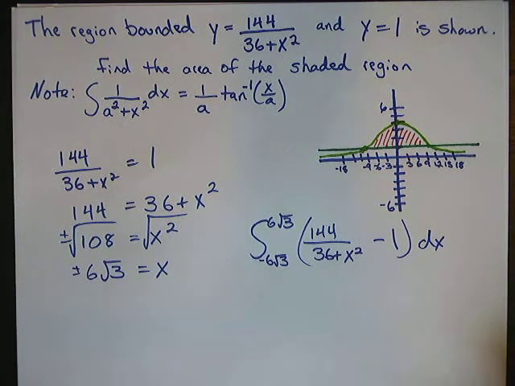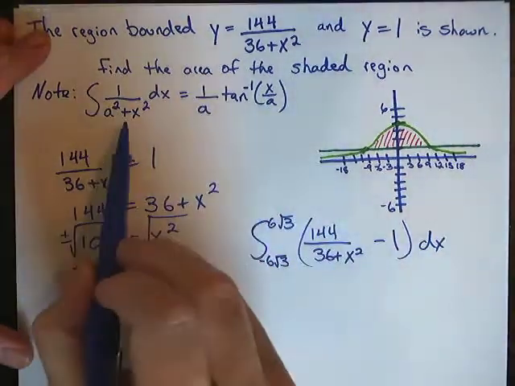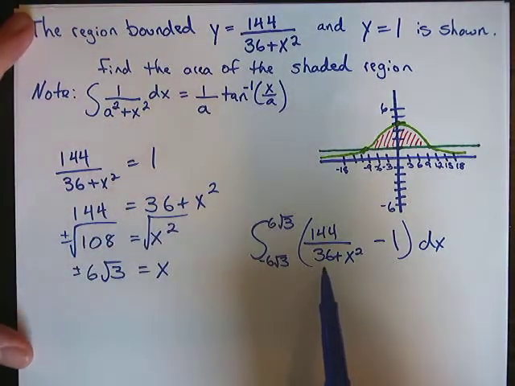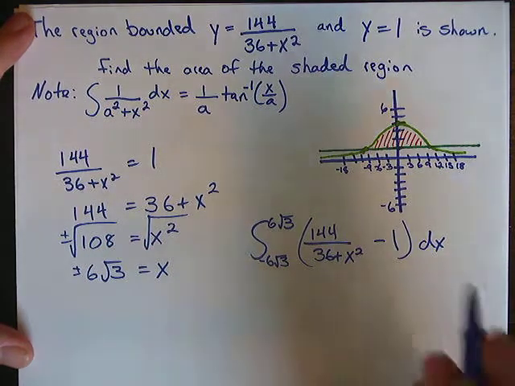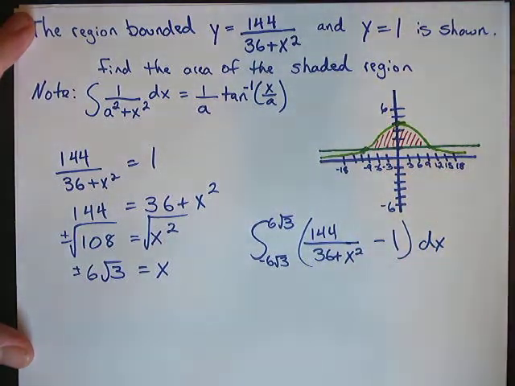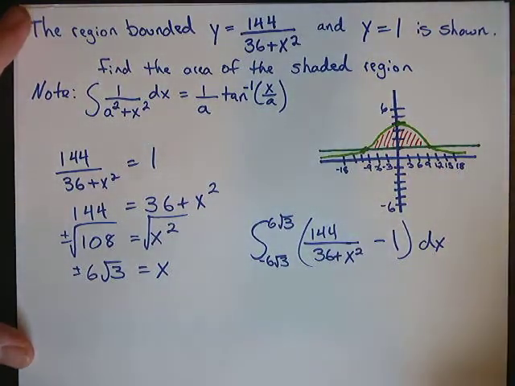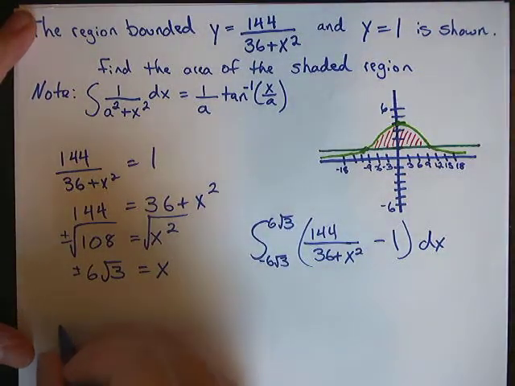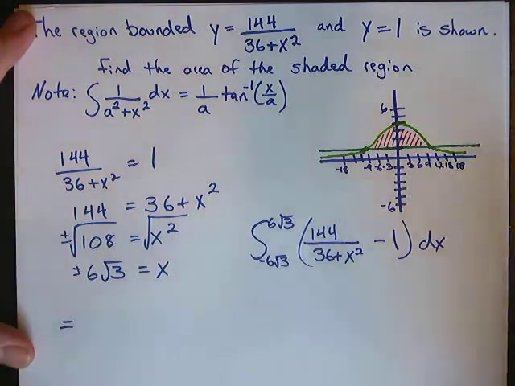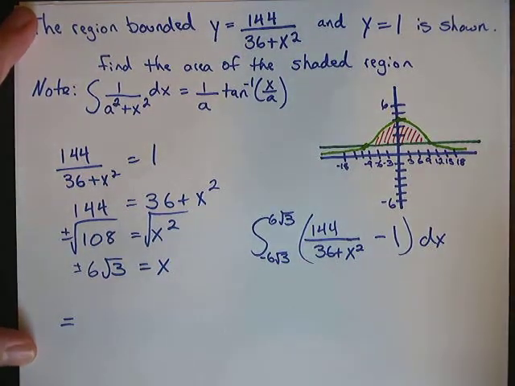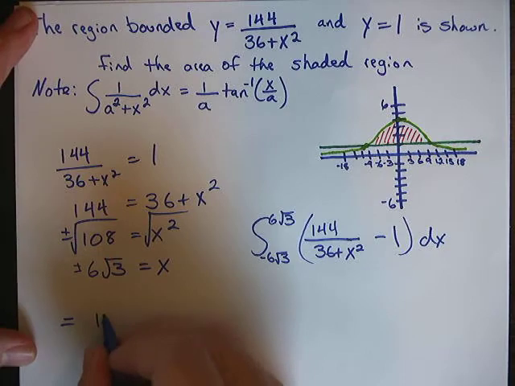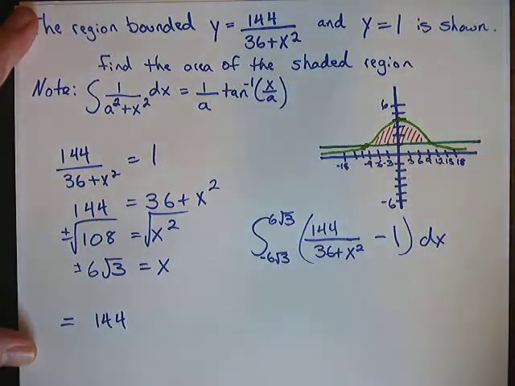We have this formula here, and we need to figure out what our a is. It says a squared. Well, 36 is 6 squared, so our a is equal to 6 in this case. The 144 is just going to stick around, since it's constant. So when we write down the answer, 144 will stay out front.